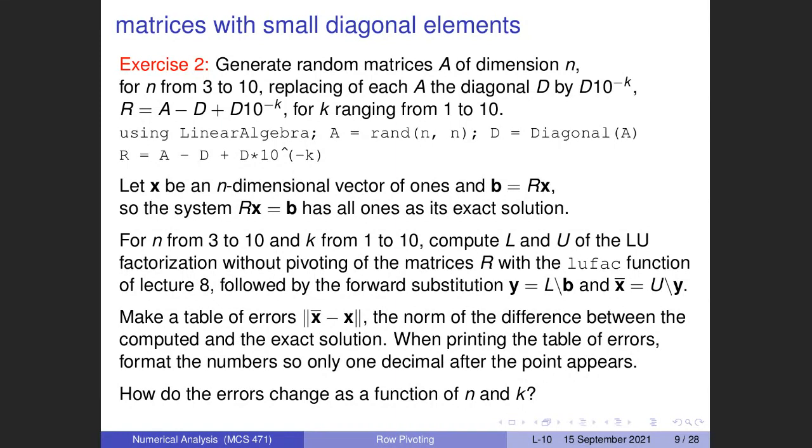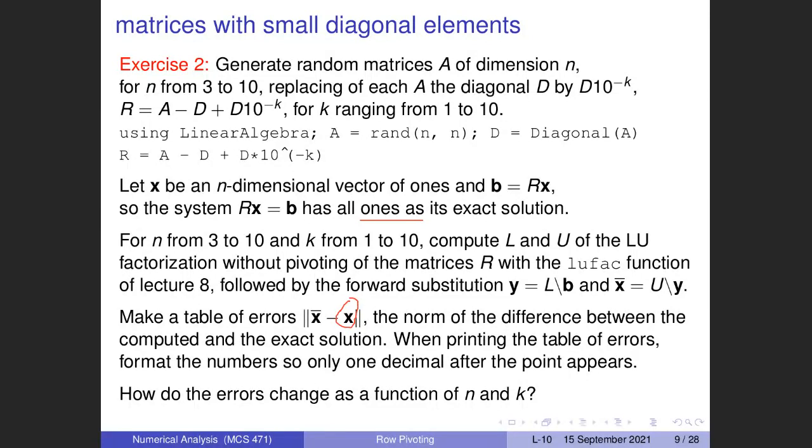And then you run the lufac function of lecture 8, followed by the forward and the back substitution. You could have used the code that you developed in the exercises of lecture 8, but let's here use the built-in backslash that you get from the linear algebra module. We know the exact x are the ones, so this is x here, and we make a table with norms.